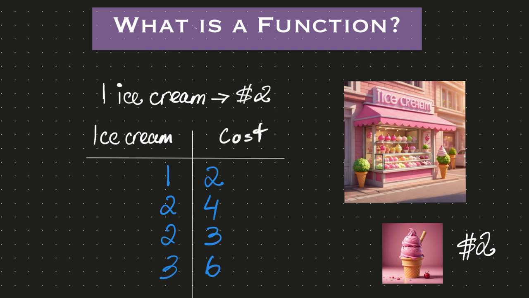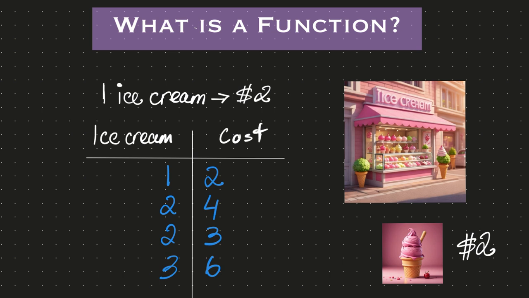Okay, so when you look at this table, what do you notice? You would notice that row 2, I am buying 2 ice creams, right? And paying $4. And then row 3, I'm buying 2 ice creams and paying $3. Can that be true in real life? So of course not.